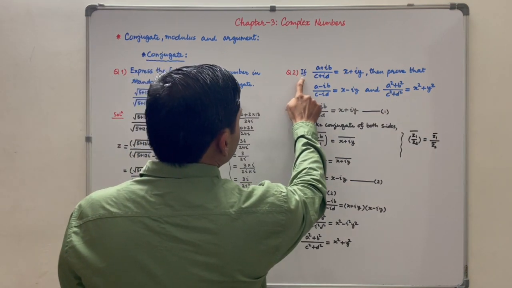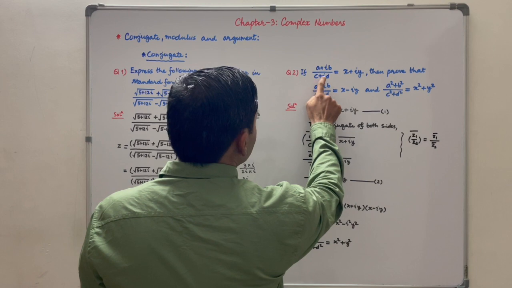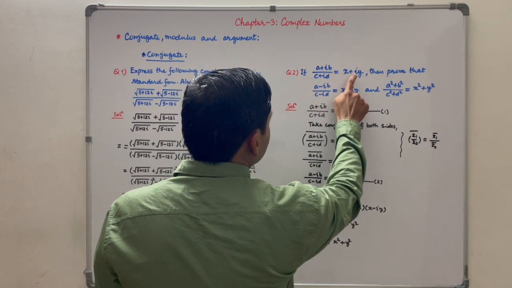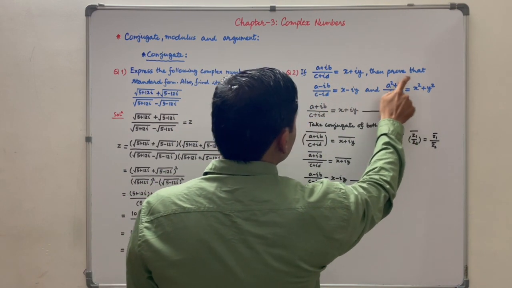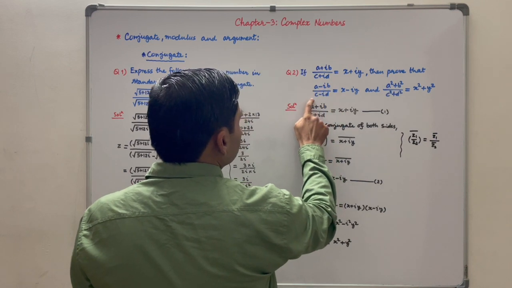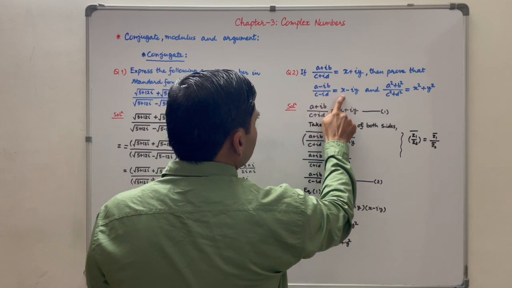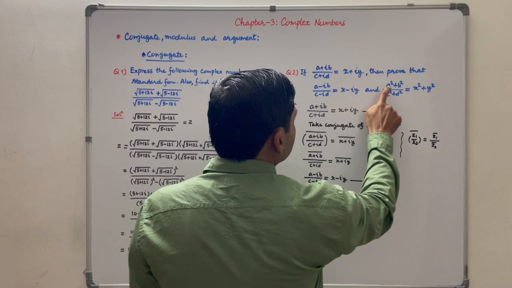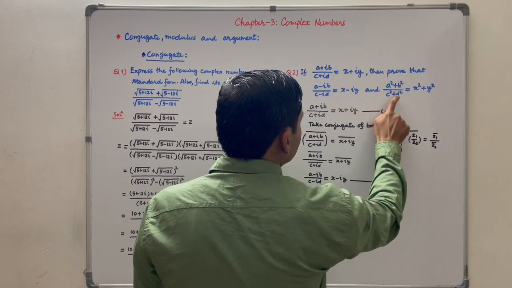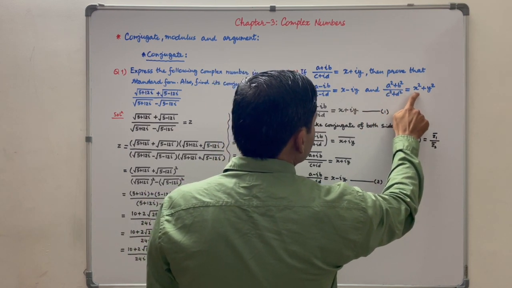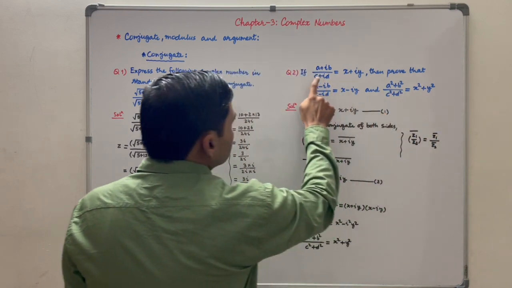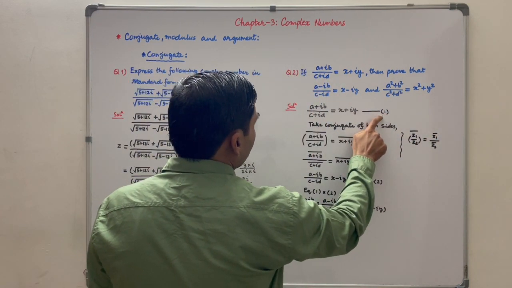Second question: if (a plus ib) upon (c plus id) is equal to x plus iy, then prove that (a minus ib) upon (c minus id) is equal to x minus iy and (a square plus b square) upon (c square plus d square) is equal to x square plus y square. Suppose this is equation number 1.